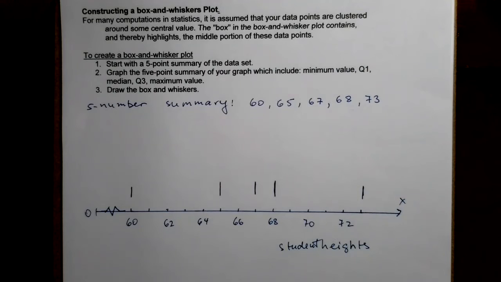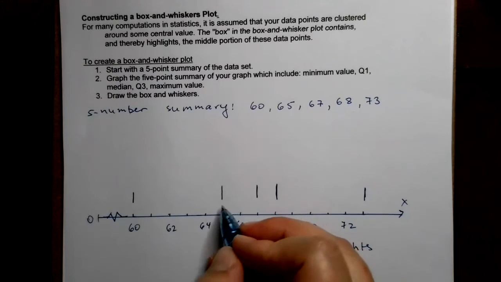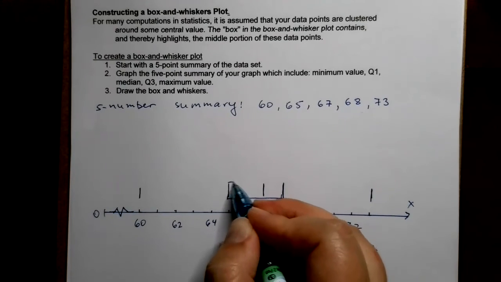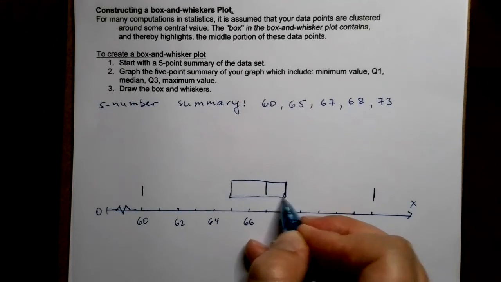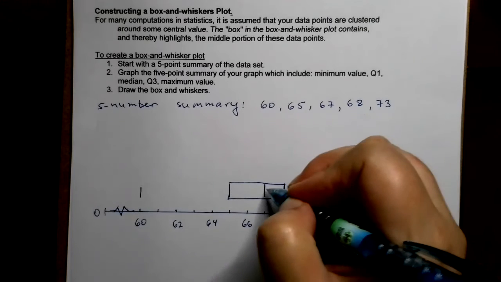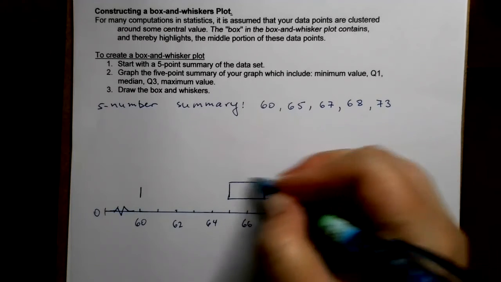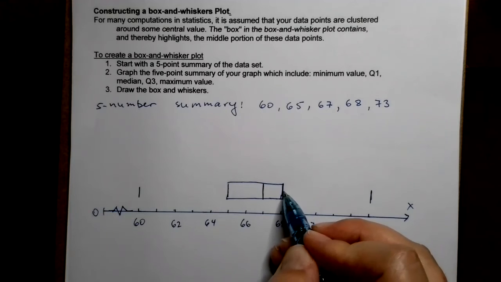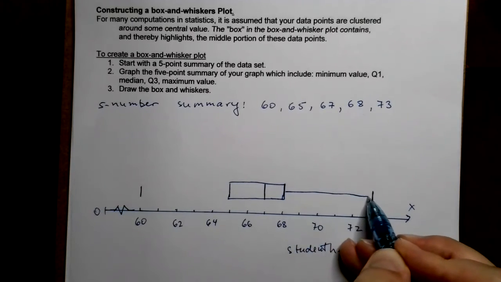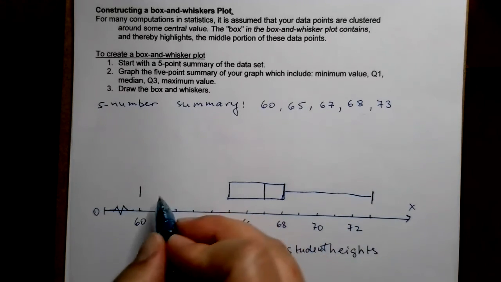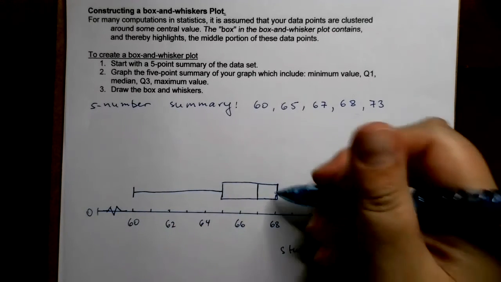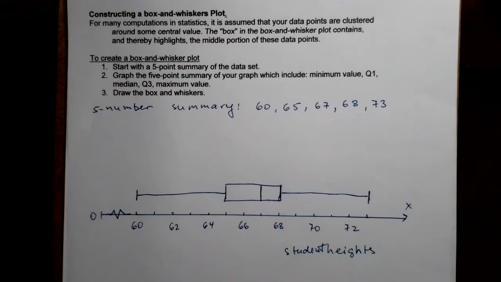Okay, so lines above each of those numbers. And then for the middle 3, you're going to make a box with them like this. We're going to talk about what that means later. And then for the other 2, you're connecting them with whiskers. So this is why this graph is called a box and whiskers plot.